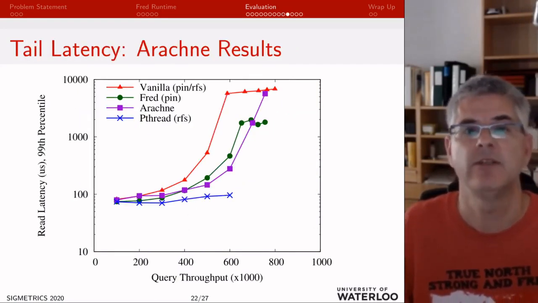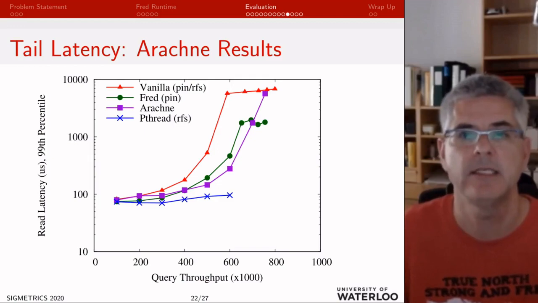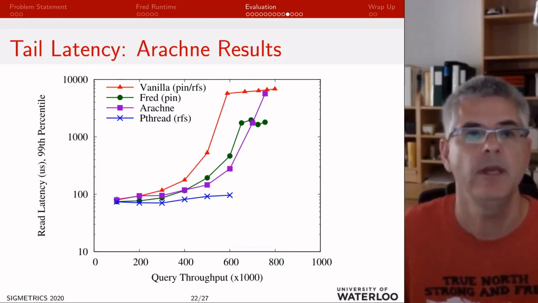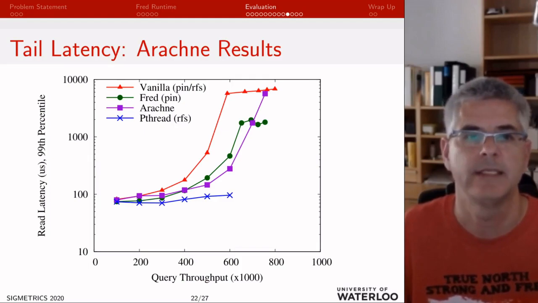A central observation of the Arachne paper is that the load balancing in a user-level threading runtime can drastically reduce the tail latency of request processing. We have reproduced that scenario and show it here. In this experiment, a fleet of clients generates requests at a fixed total rate.